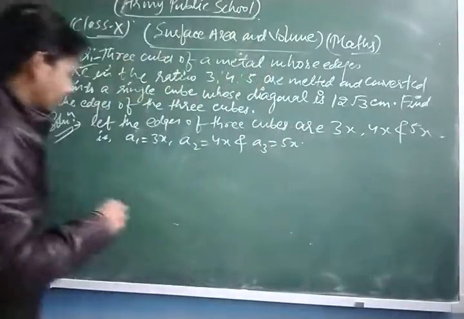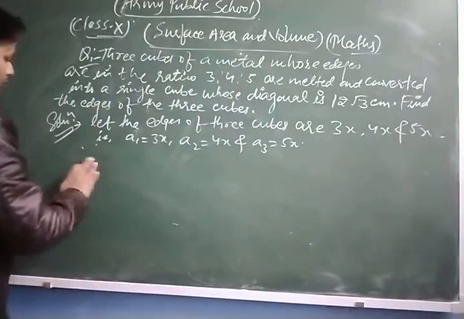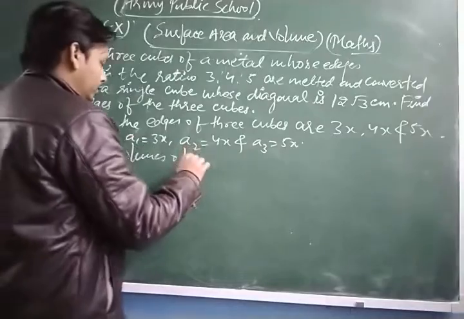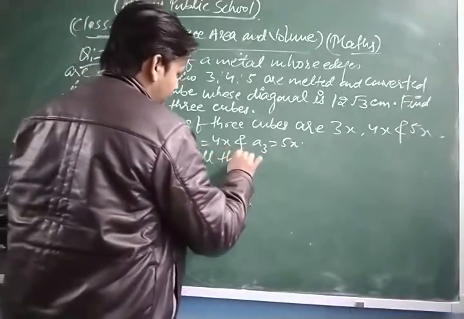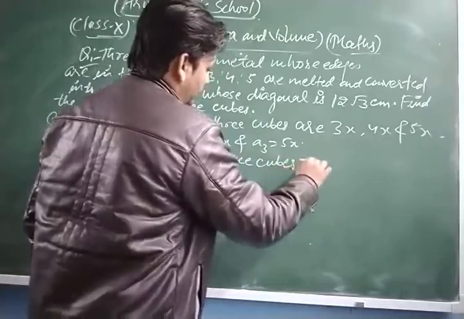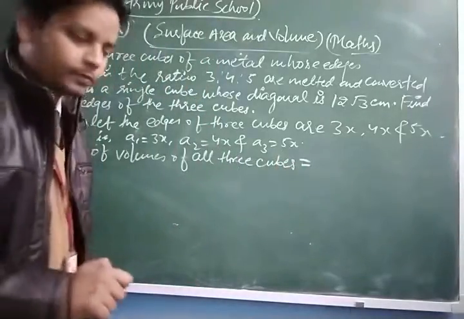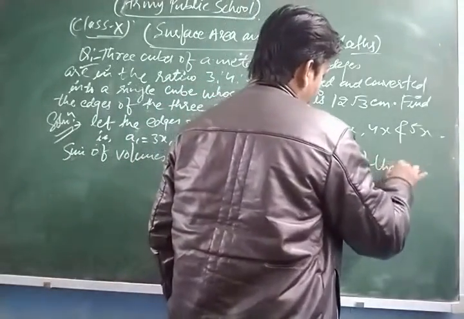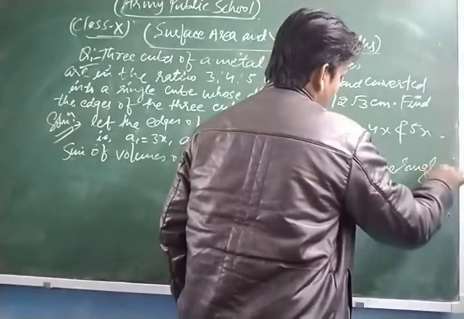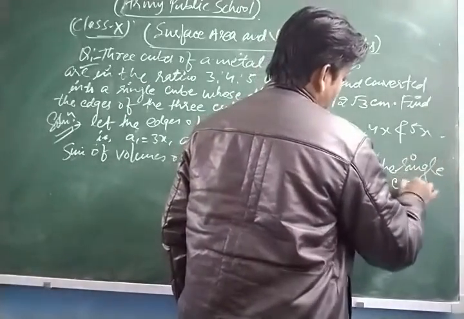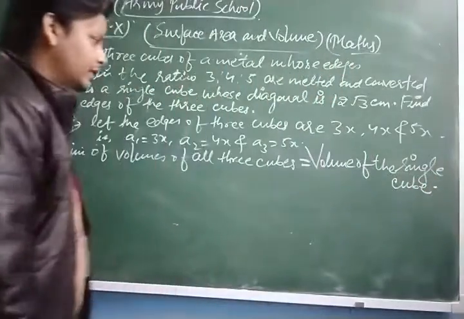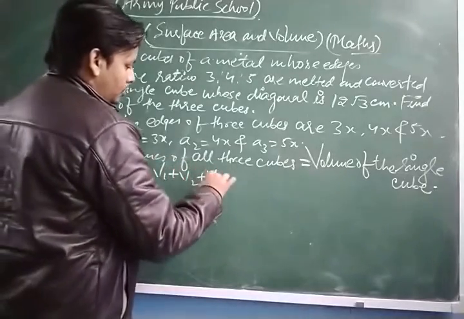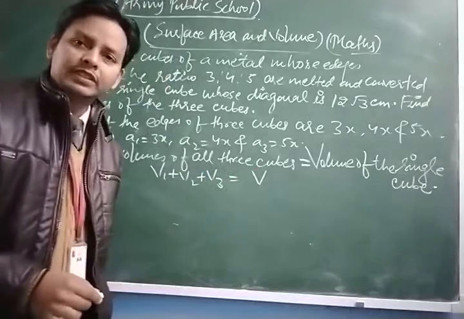So according to the question, the sum of volumes of all 3 cubes is equal to the volume of the single cube. That is, V1 plus V2 plus V3 is equal to V, the volume of the single cube.